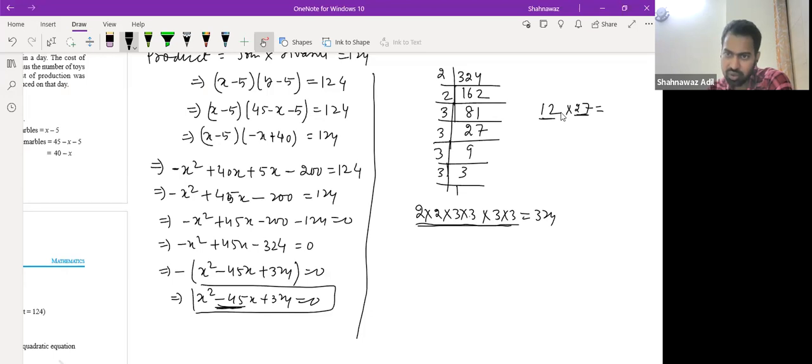If I add 12 plus 27, I will get 39. And if I subtract, I will get 15. So I cannot get minus 45. So I have to choose other factors. So what would that be?